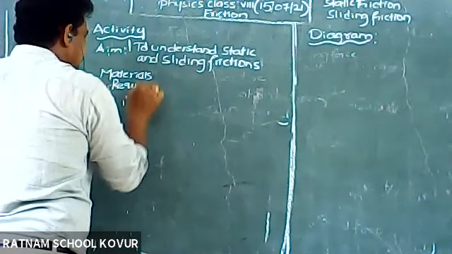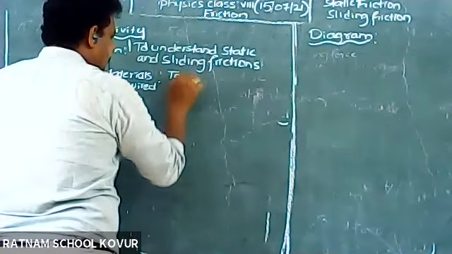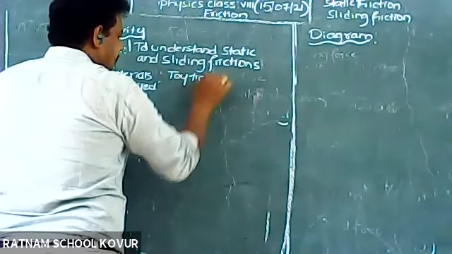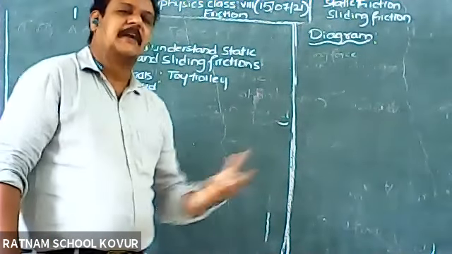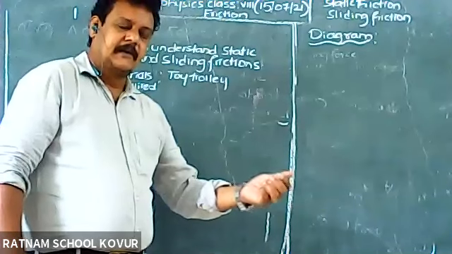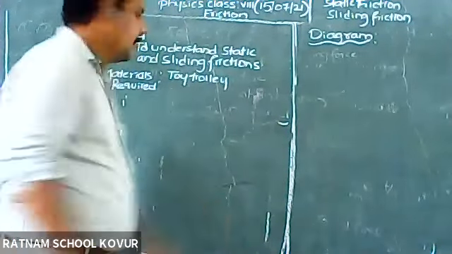So materials required: a toy trolley, one vehicle. Normally in childhood, you tie one thread to a toy trolley and play.